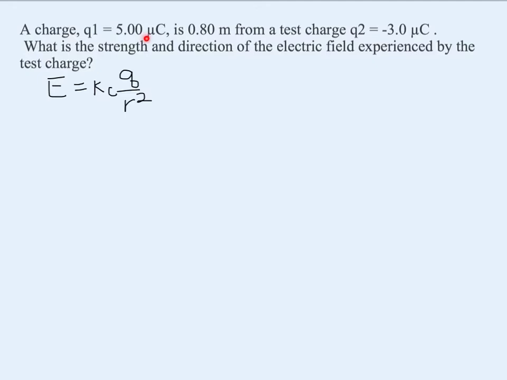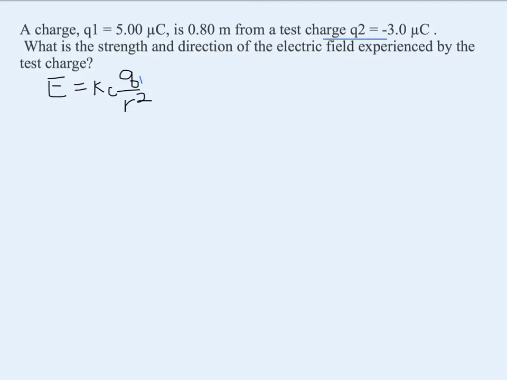If we look through the information that we have, Q1 is 5 microcoulombs. It's 8.8 meters from a test charge, which I called Q2 this time, that has negative 3.0 microcoulombs. What is the strength and direction of the electric field experienced by the test charge? We're going to use this to calculate the strength, and then we'll look at how we figure out the direction. Q this time is going to end up being Q1, because it wants the strength of the field experienced by the test charge.